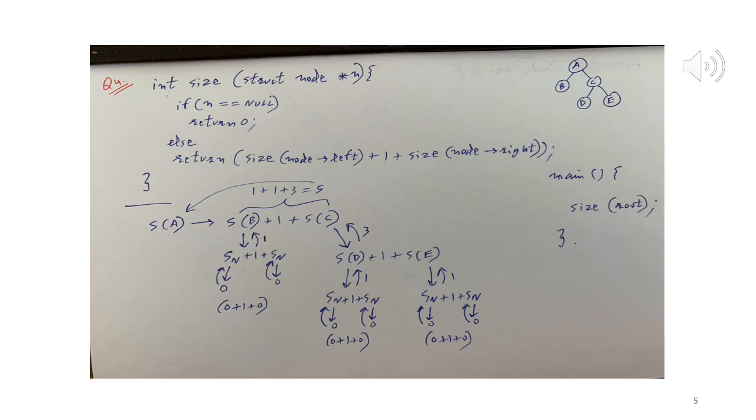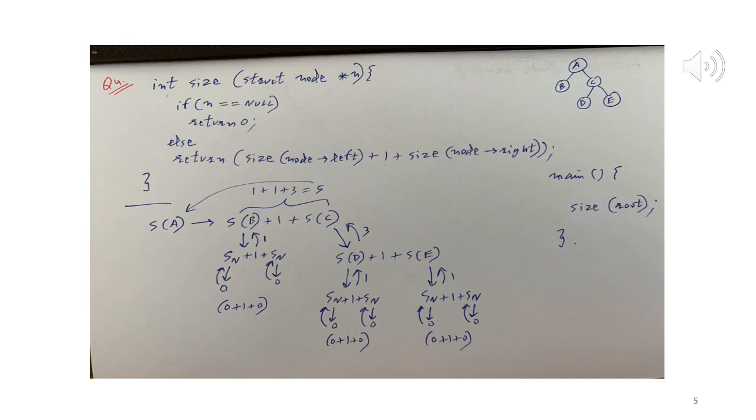So again we have to do SD and SE. SD first, it's a leaf node. So now calling size with a pointer to node D. Once we make the function call, n points to node D. Is it null? No, it's not. So it returns S of n arrow left.